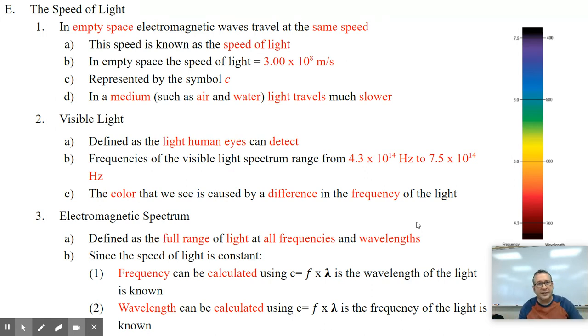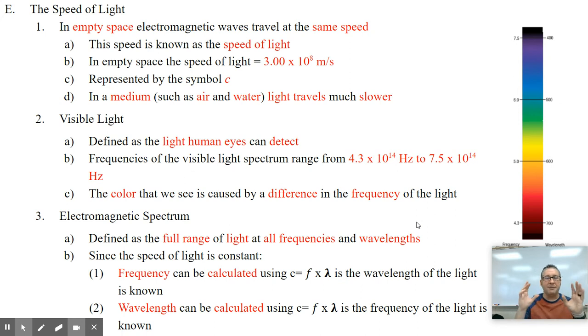And we basically say that this is known as the speed of light, which has a value of 3.00 times 10 to the 8th meters per second. Think about that. 3 times 10 to the 8th meters, light will travel every second. That's a big distance here. That's why it only takes approximately 8 minutes or so for the light from the sun to reach Earth.